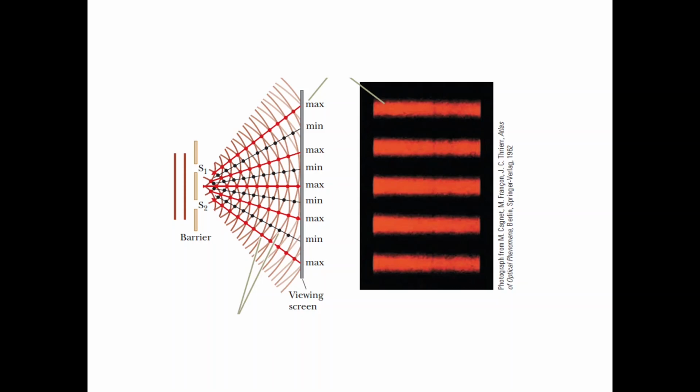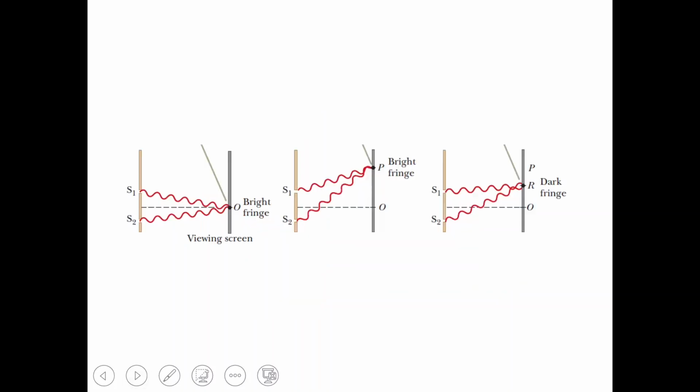So now, let's go to another slide. As you saw from the previous slide, we have these conditions of constructive and destructive interference. Constructive when waves approach some point on the screen in the same phase.